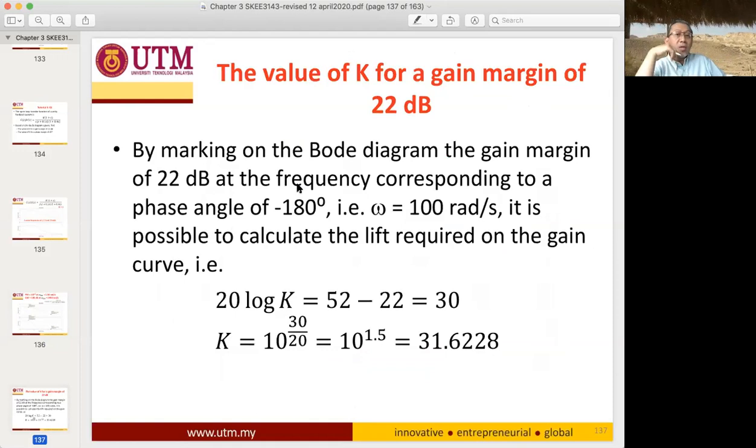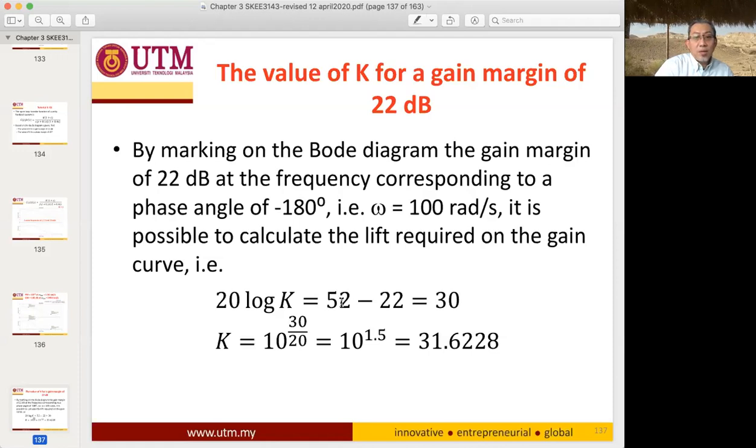Dia sebenarnya dia tengok the original gain margin tu sebelum compensation. Kemudian dia kira punya gain margin, then they find the difference of the target. Target is 22. So therefore you kena cari 52 minus 22 equal to 30. Tapi dalam plot ni tak berapa tepat.